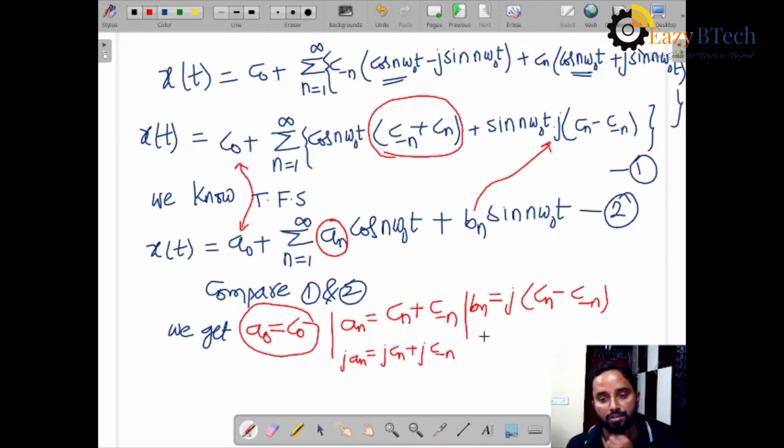Now Bn is jCn minus jC minus n. So An is multiplied by j, and Bn I am taking as it is. By subtracting these two, we get C minus n.